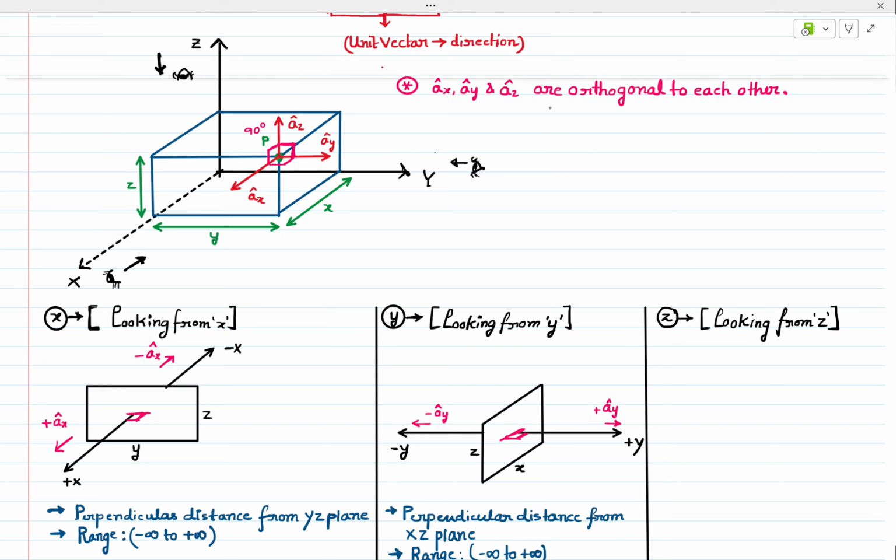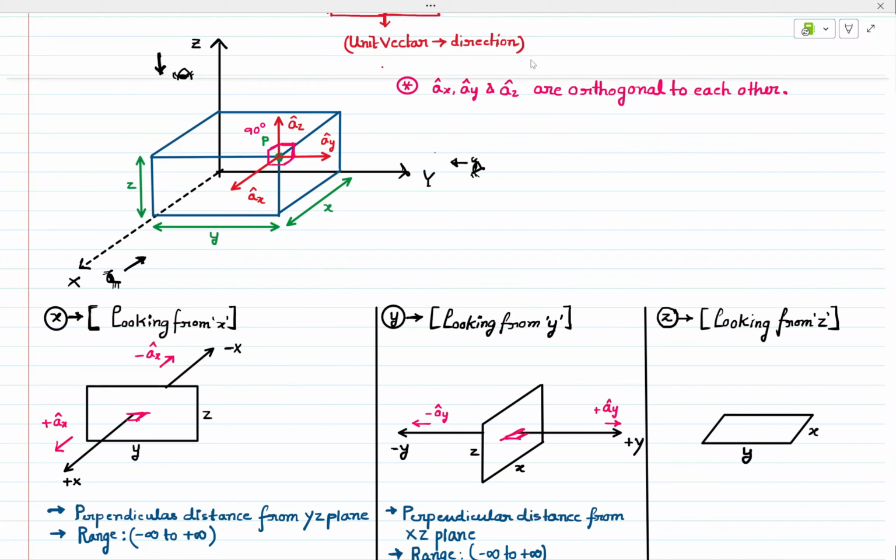So let me draw this XY plane first. See, this is the XY plane. You know that, right? This is the Y and this is the X actually.